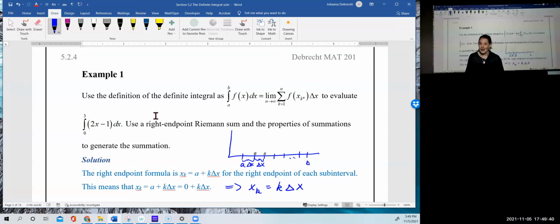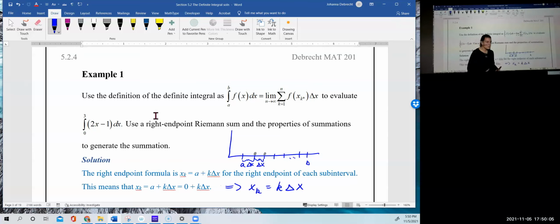Again, this is totally arbitrary. The truth of the matter is it could be any point within that subinterval, but it does have to come from that subinterval. So if I want that spot for the first one, fine. If I choose that spot for the second one, also fine. But to make it easier to compute, we try to be consistent and choose a similar value from each one.